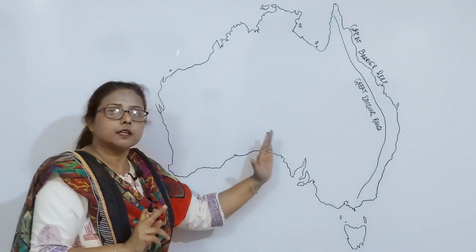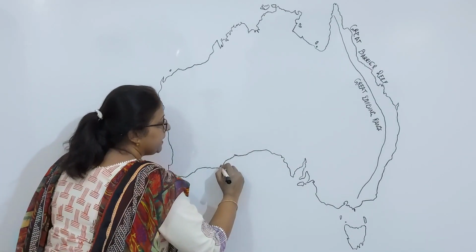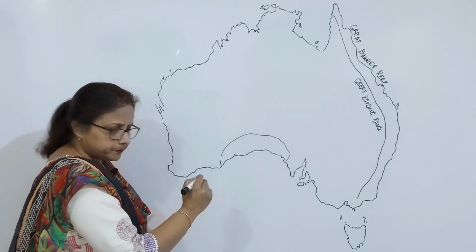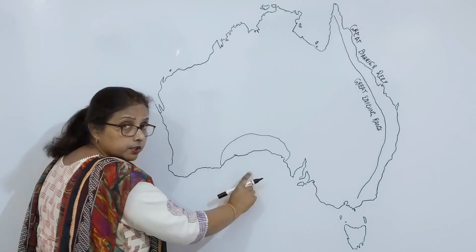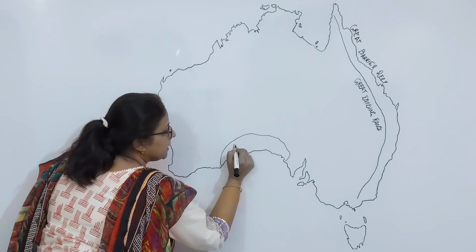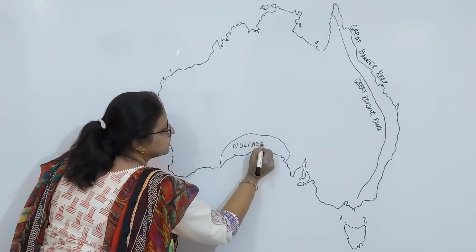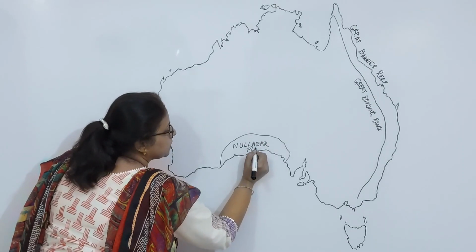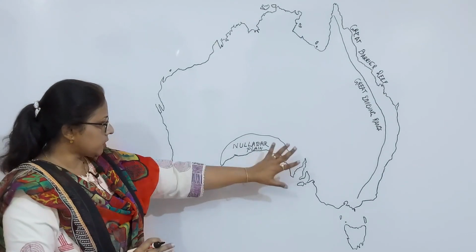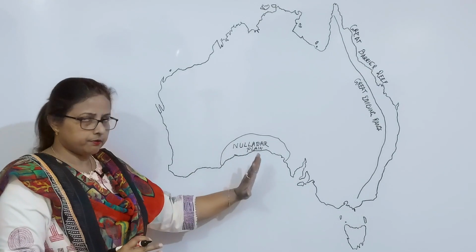Now let us move further towards the west. Here we have the Nullarbor Plain. It's a huge treeless plain north of the Great Australian Bight, which is over here. It's an arid, semi-arid region comprising a large area of the southern part of Australia.